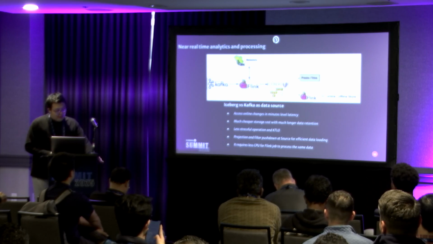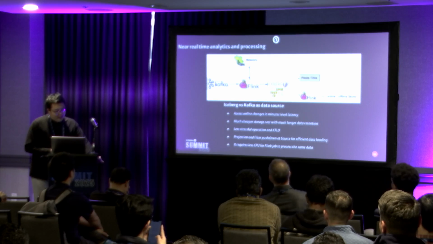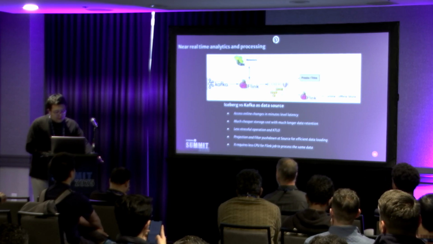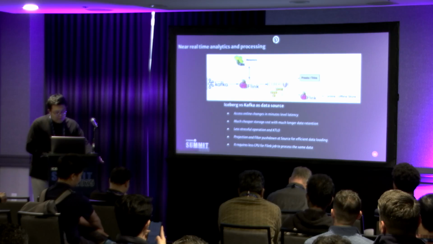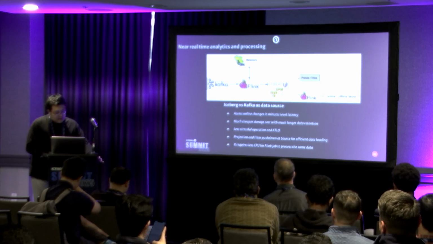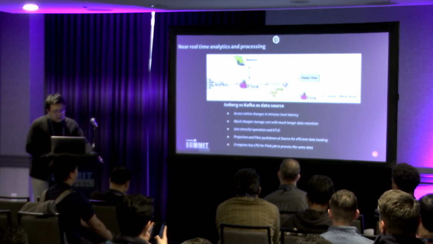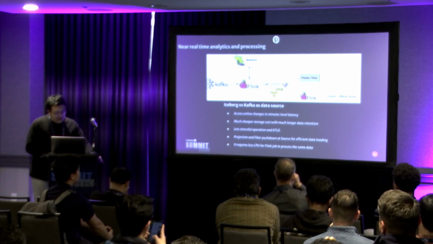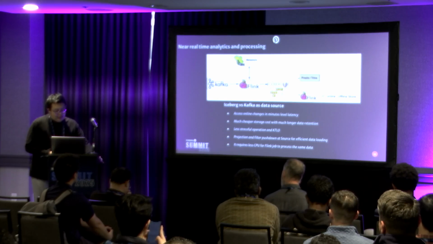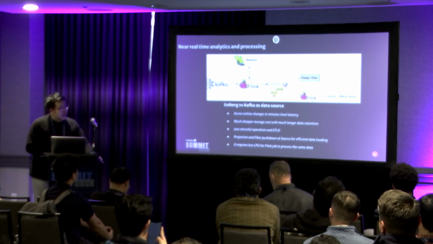But for Iceberg data, you don't have that stress, and you can tolerate some high lag. Also, projection and filter push down make data loading more efficient. We also observe that processing the same amount of data requires less CPU for Flink jobs when reading from Iceberg.